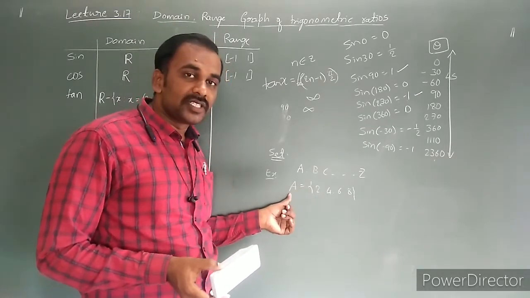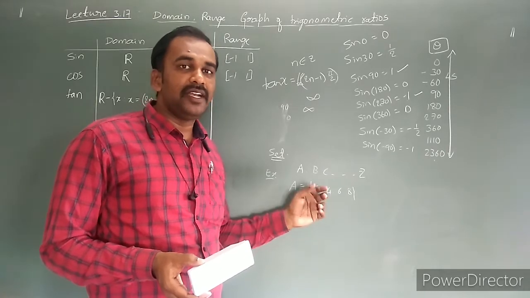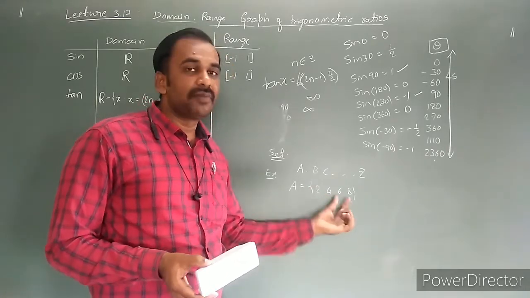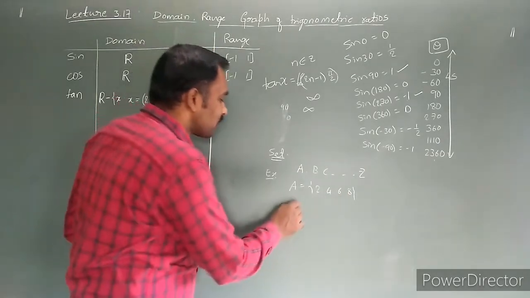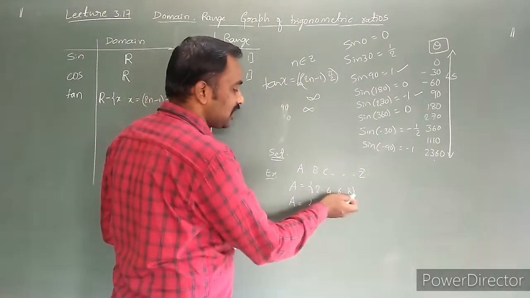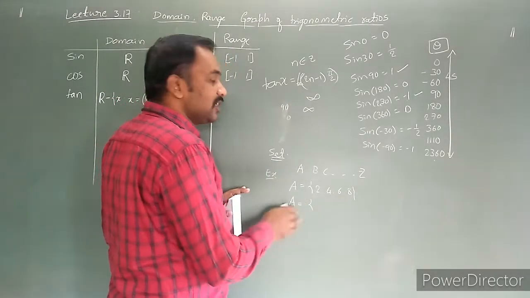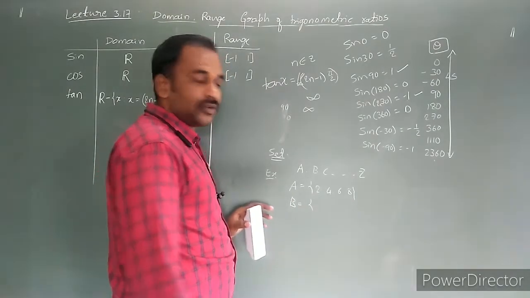A set is a collection of well-defined objects or numbers. Well-defined means there is a particular property for these numbers, here even numbers less than 10. Or another set: the vowels of the English alphabet. What are the vowels?